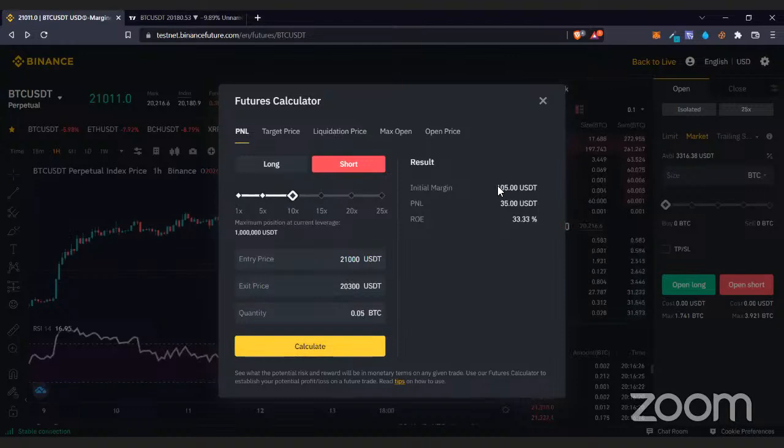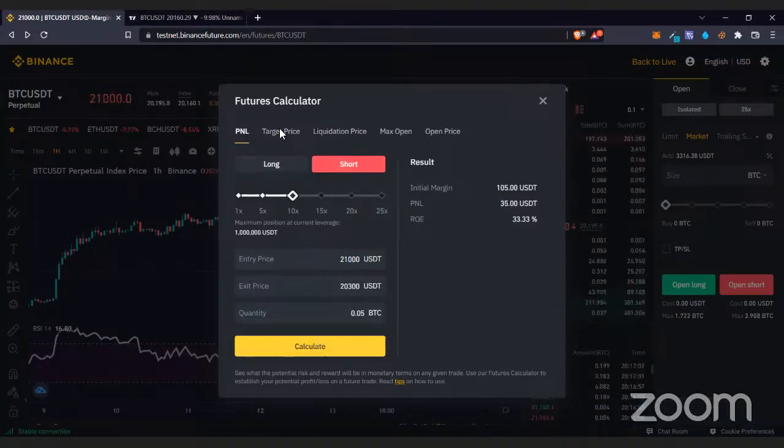Our initial margin would be 105 USDT, and then if it goes in our favor by 33%, we are making $35 in this trade. The more the leverage, the more money it will cost you to open a position, and then the more the profit you make. Equally note that the more the leverage, the more the losses you incur if the market goes against you. That is how you use the P&L tab to calculate both for long and short.